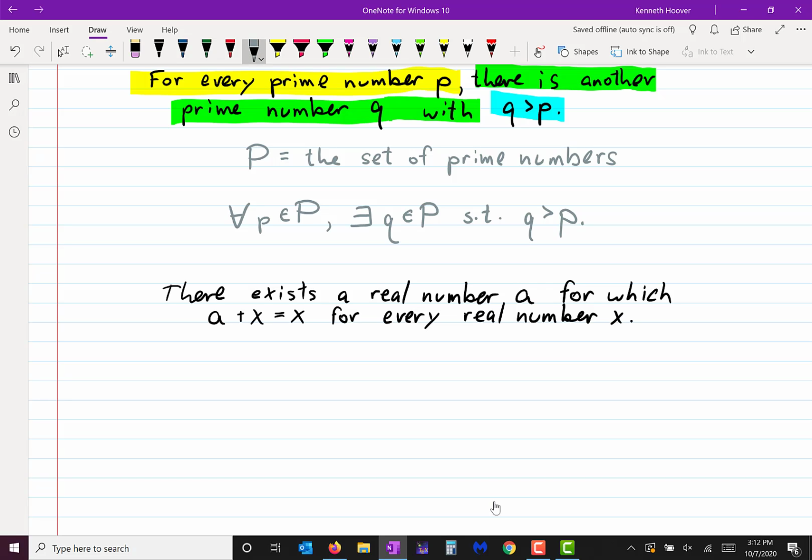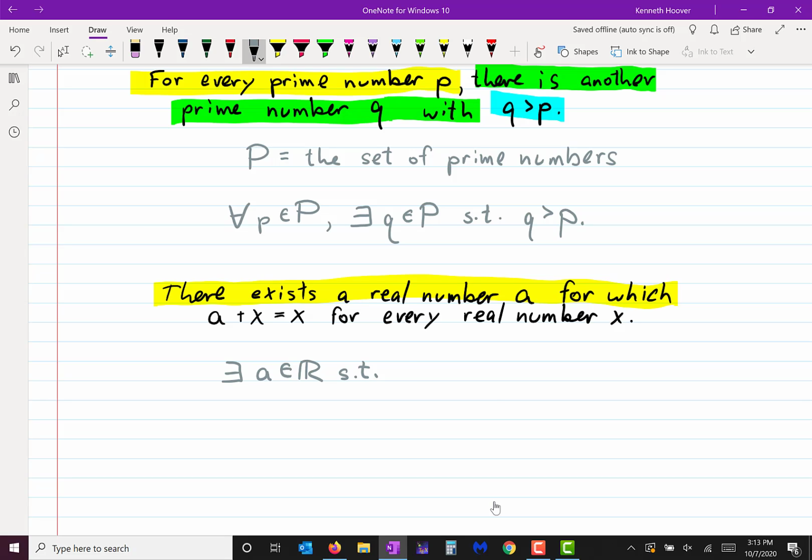So I would say there exists an a in the real numbers such that, so that takes care of this. What next?